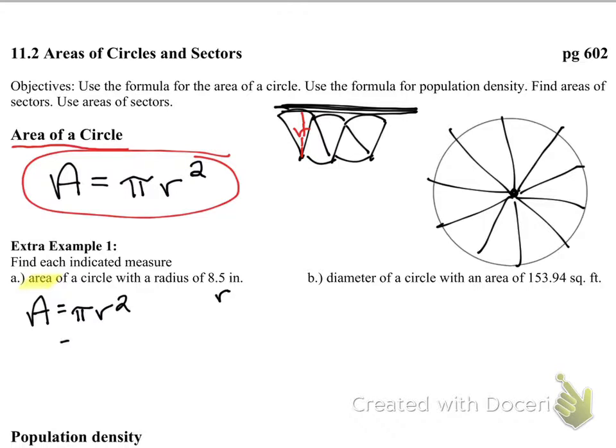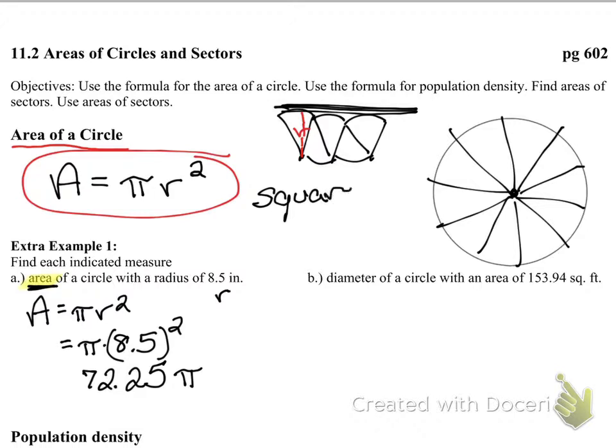I'm looking for the area, so I plug in my information, pi times 8.5, and then I need to square that. I type in my calculator 8.5 squared, and we get 72.25, so it'd be 72.25 times pi. So that's the exact answer.